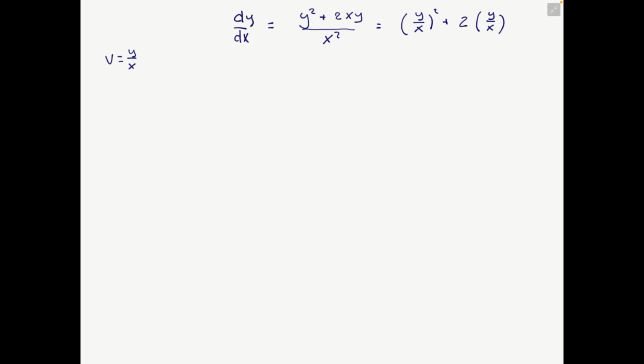All right, so we have that variable, so we get x dv dx plus v equals v squared plus 2v.